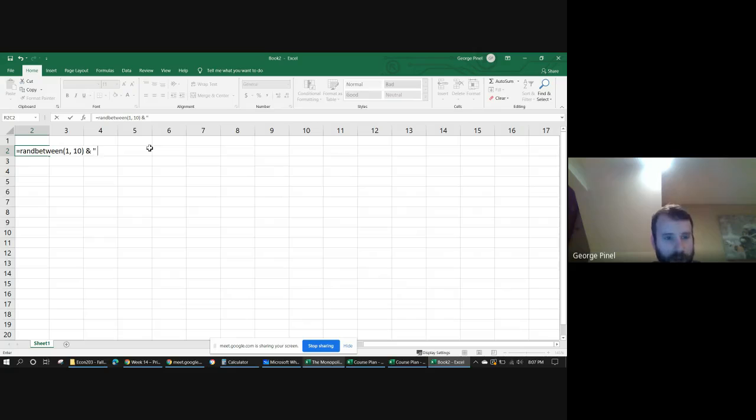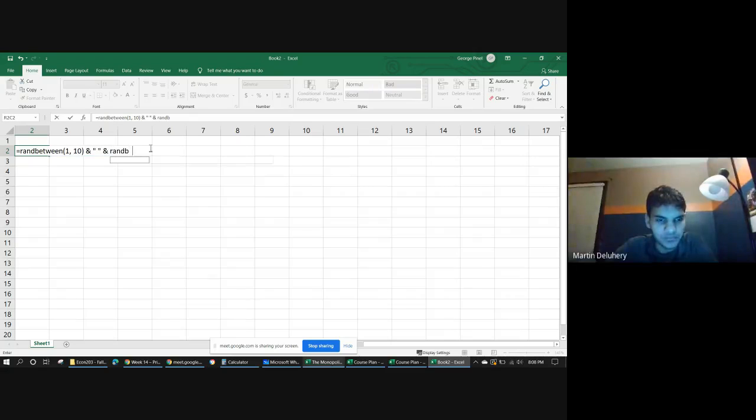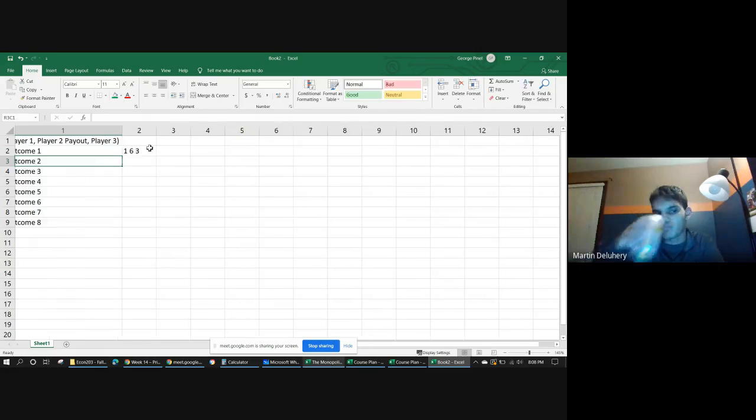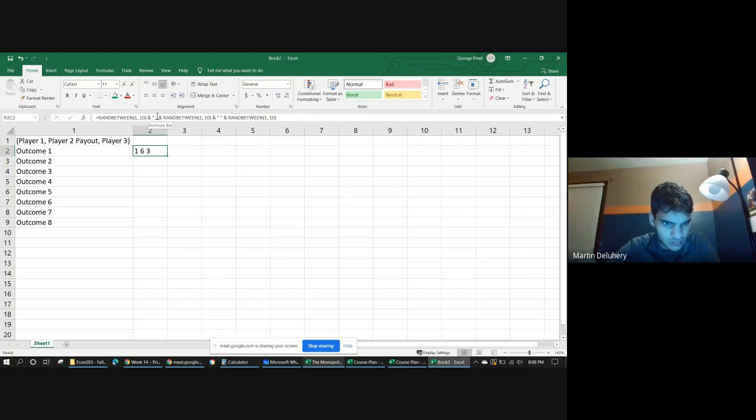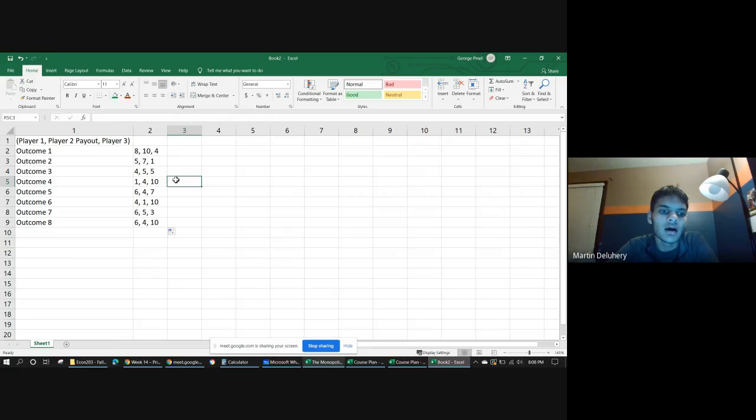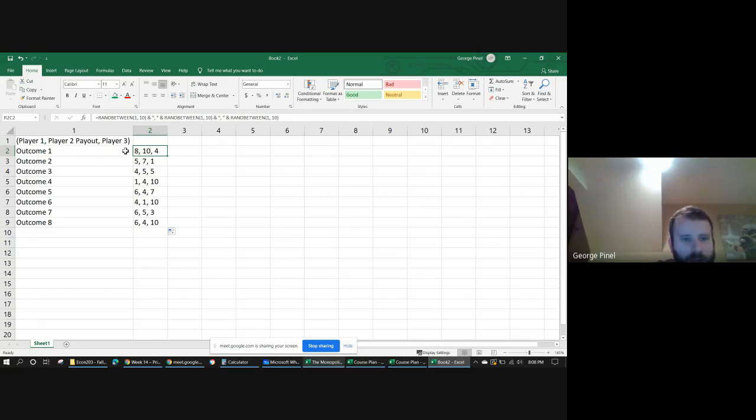I'm doing a random number generator right now. All right, so we have player 1's outcome on the leftmost, player 2's outcome in the middle, player 3's outcome on the third one here.